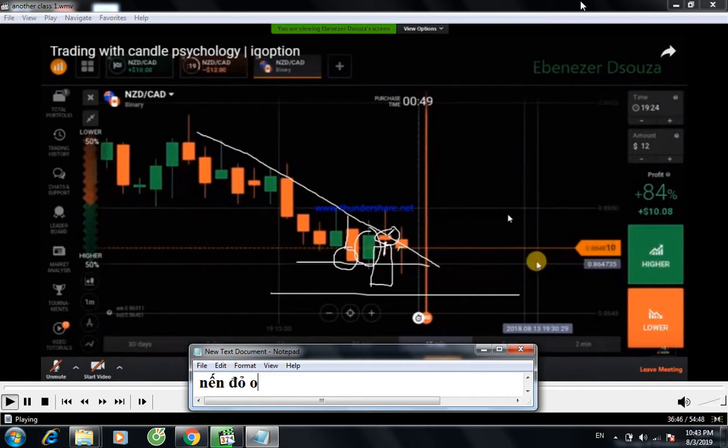In my trading video yesterday about these candles, I placed a call option after this candle. Again, when I observe this candle, I placed a put option because this candle formed at the middle of the trend.